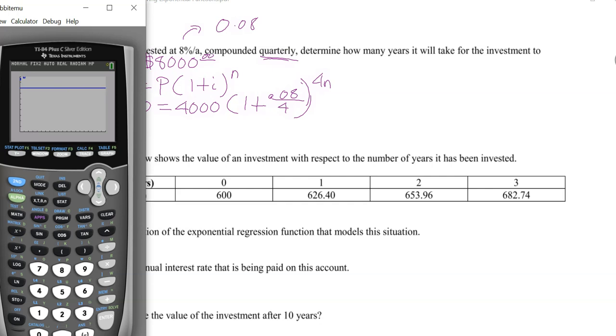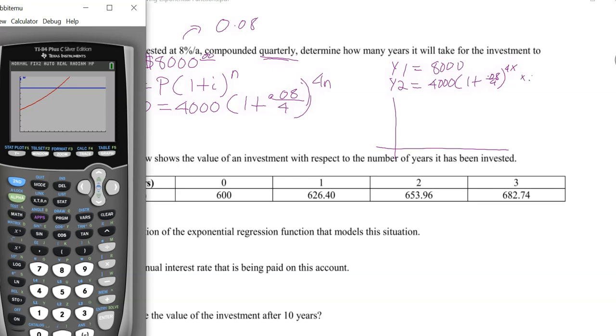Looks like I might have some points sitting up here, but okay, so we're good. We just need to find out where they intersect. So I'm going to show this. y1 is 8,000. y2 is 4,000, 1 plus 0.08 divided by 4, to the power of 4x.